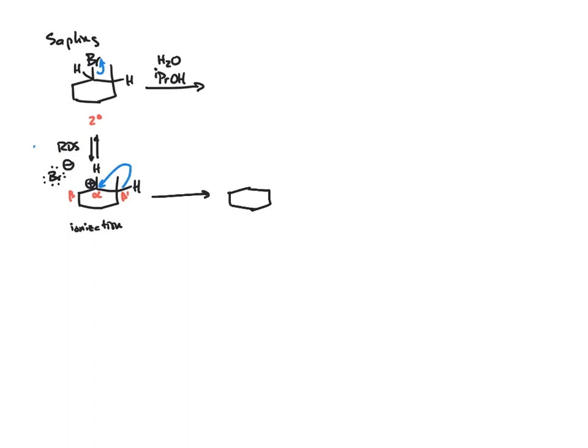Yes, exactly. So now that has 2 hydrogens. That has the methyl group. There's the carbocation. There's the bromide counterion. So now we're at a tertiary carbocation, and this does not have the opportunity to rearrange anymore.